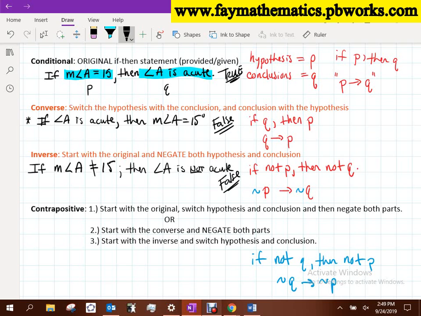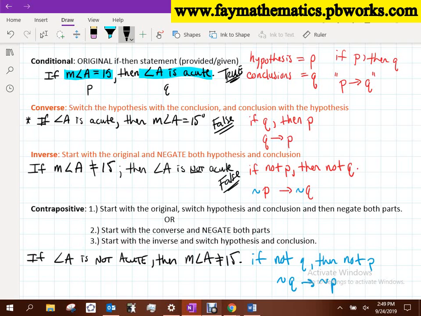So what I always do when I'm trying to find the contrapositive is I go to the converse and I just insert the word not in there. Okay? So if angle A is not acute, then measure of A does not equal 15.